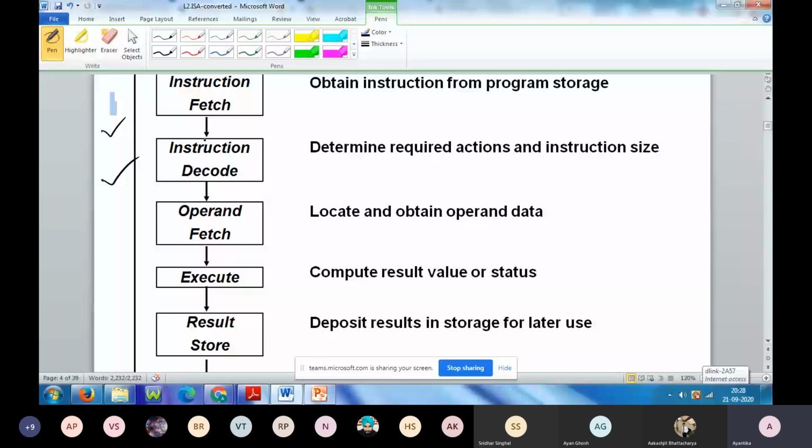Like, I know I will do addition, but on which values will I do that addition operation? For that, I have to do operand fetch. Again, I know that is stored in the memory. So for these steps, instruction fetch and operand fetch, I have to know the address of the operand I'm interested in, and the address of my next instruction that I'm going to fetch.